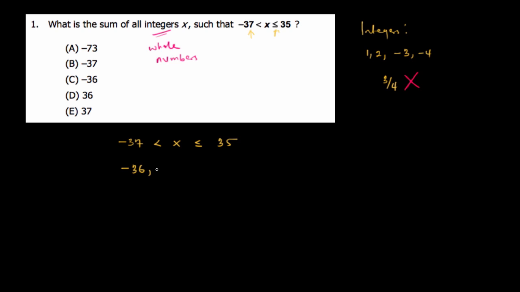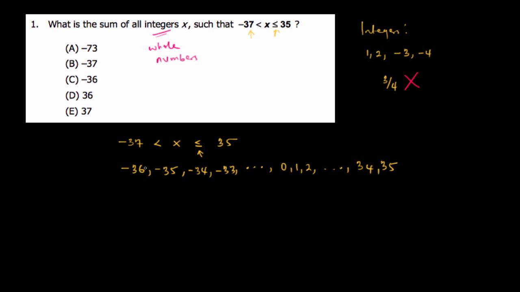Then we go to negative 35, negative 34, negative 33, and then you wouldn't want to list all the numbers, so we represent that with ellipses. We keep on going to 0, 1, 2, and keep going until we end at 34. And since 35 is inclusive because of the equality sign, we include 35. So the question says we should sum all the integers between negative 37 and 35.